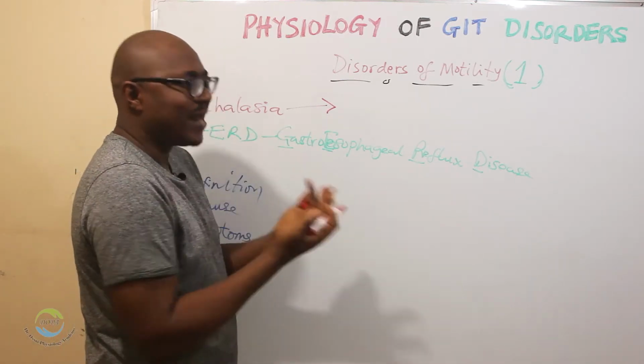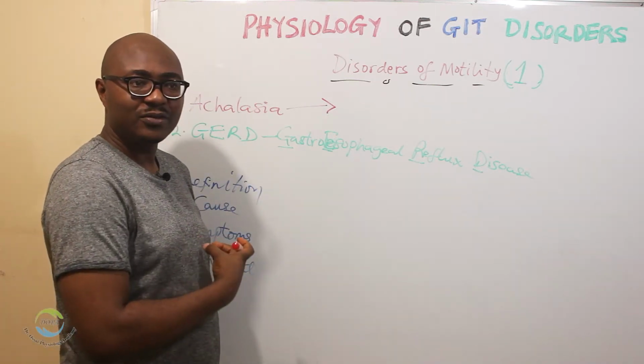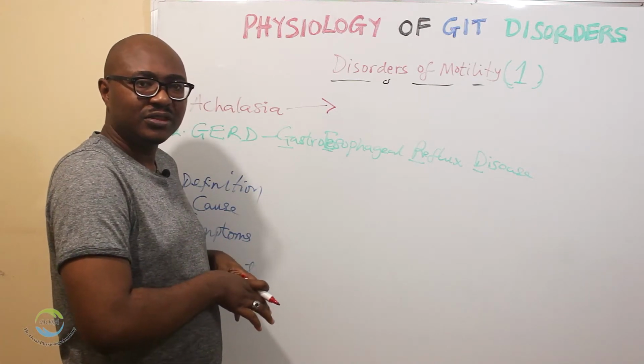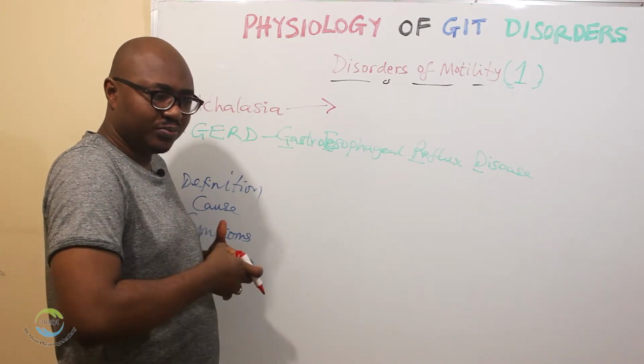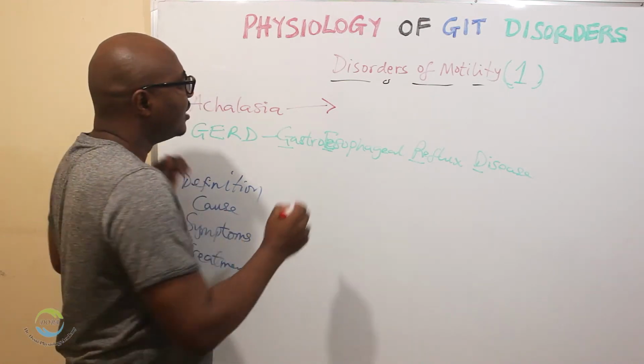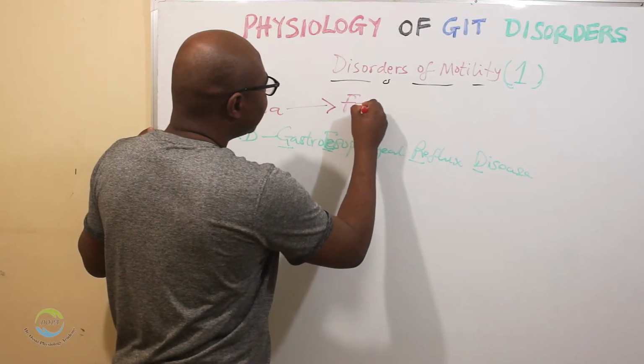Because when food starts getting to that terminal part of the esophagus, first of all, it pushes the food and then opens up. The sphincter opens up so that food can pass into the stomach. But in this case, there is failure of that process to happen.